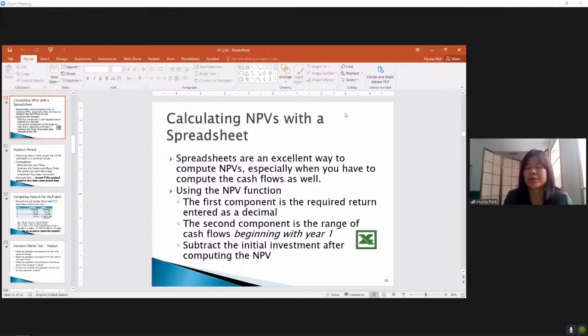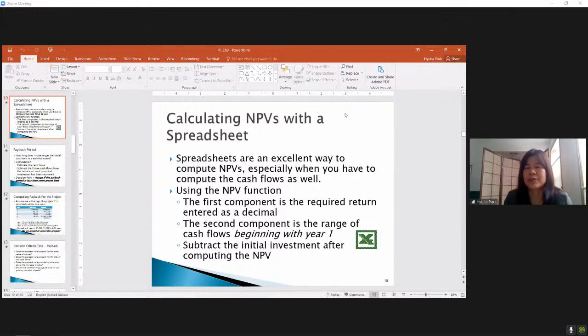And the most important tool is NPV. The reason is NPV considers the time value of money concept, and NPV considers the riskiness of the project.